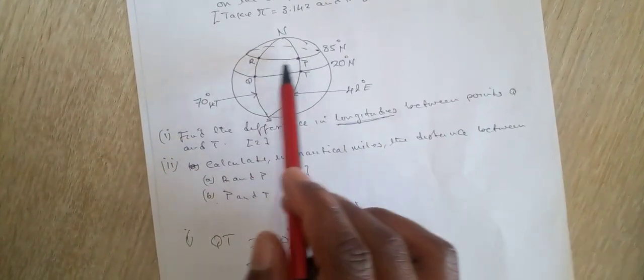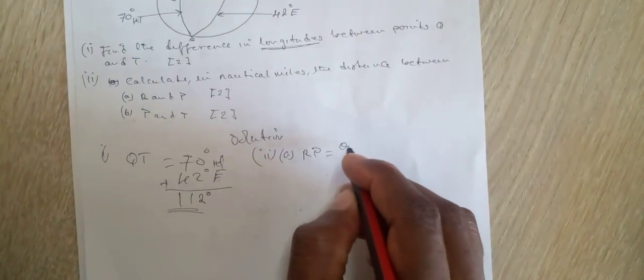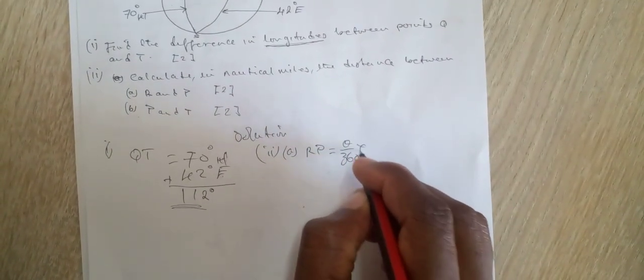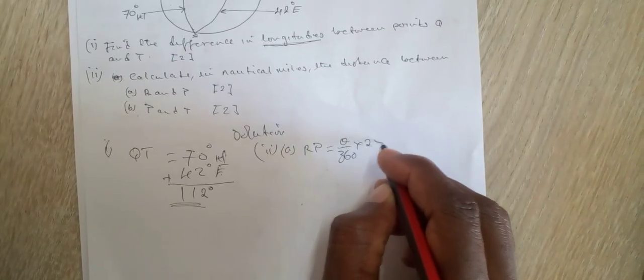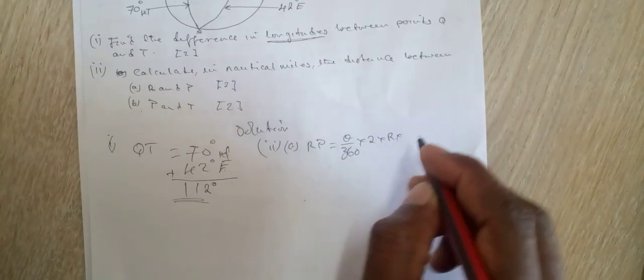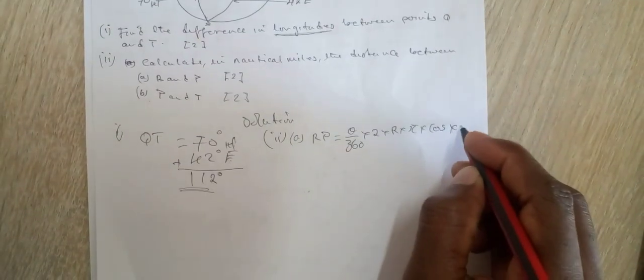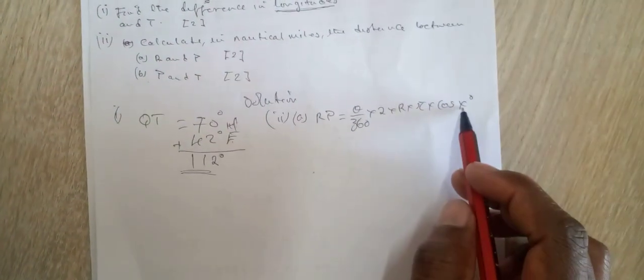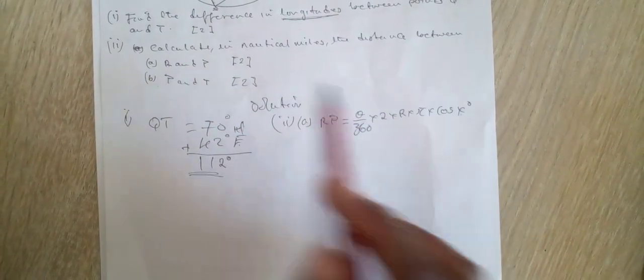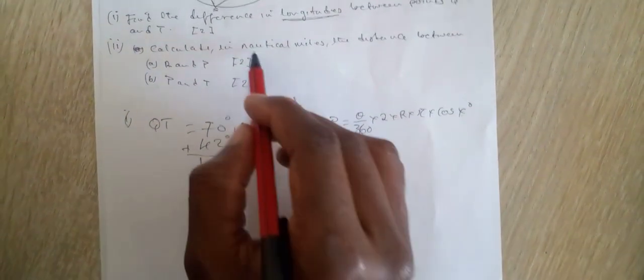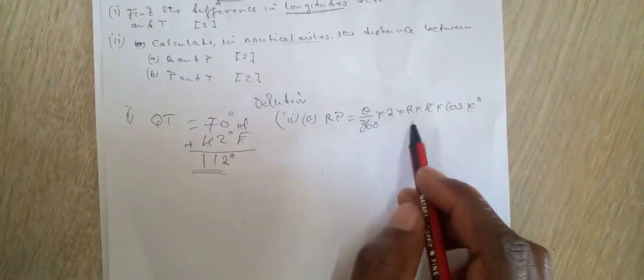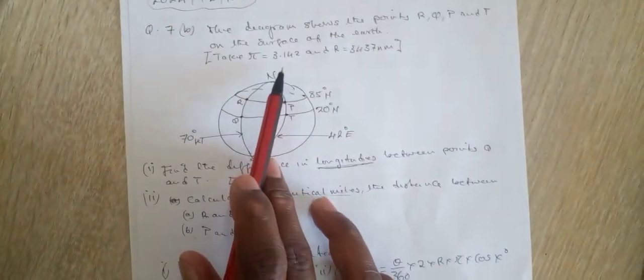Hence, we are going to use the formula theta over 360 times 2 times pi times radius times cos x degrees. Where x is the latitude they are lying on, and radius, they said in nautical miles, so radius is 3437, and pi we have been given on top there.